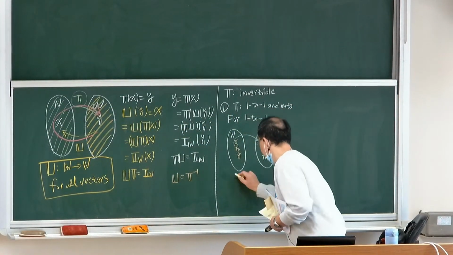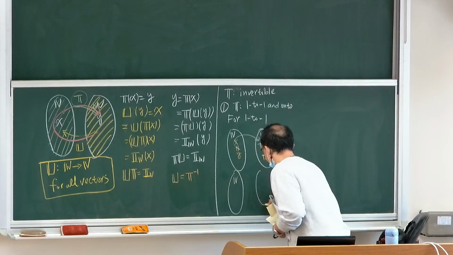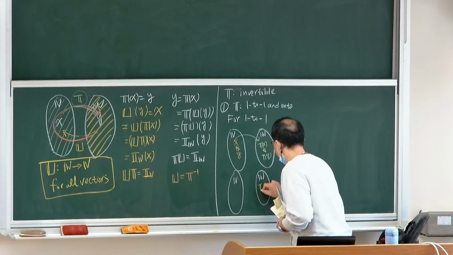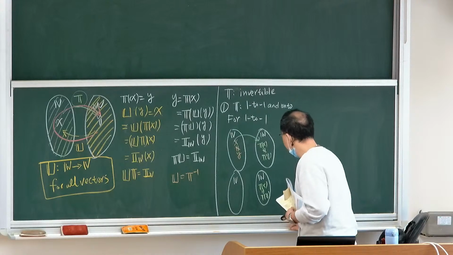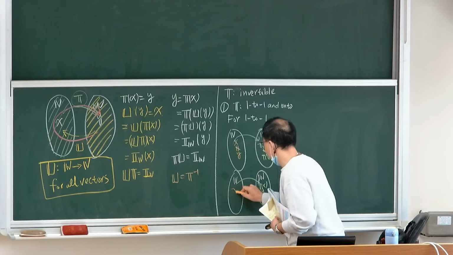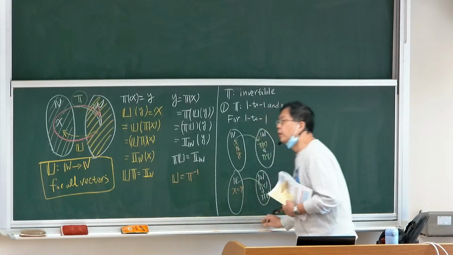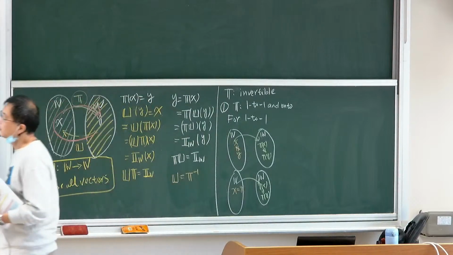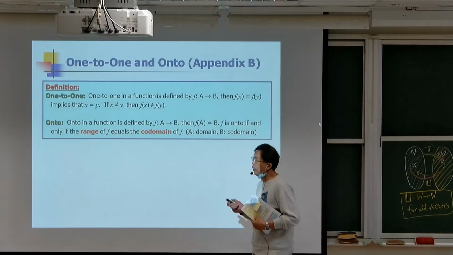And also, in vector space V to W, if we have T(x) equals T(y), which means that in this transformation, x should be equal to y. So we have two statements, two facts for 1 to 1.